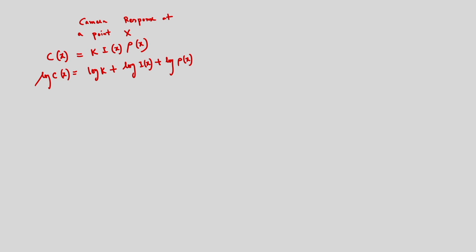In this case, log k is nothing but a DC component that we can neglect. This is the illumination, which changes slowly over space, and this is the reflectance, that is the albedo.